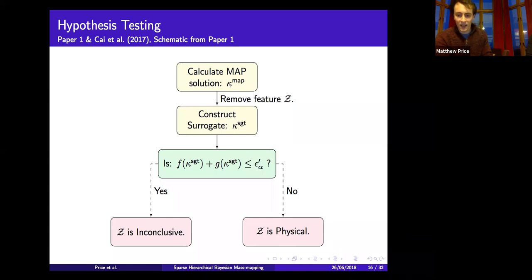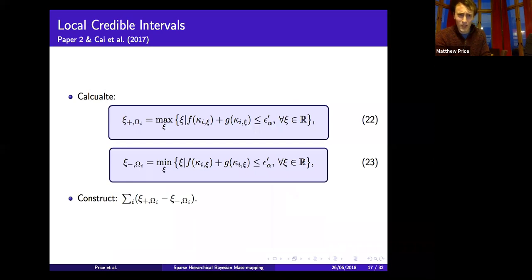A second form of uncertainty quantification is local credible regions, or local credible intervals, rather. The idea here is that you recover your convergence map, and then you iteratively go through every single pixel, so every single dimension inside of your reconstructed posterior, and you iteratively raise the intensity within that pixel until the overall solution is no longer within the credible set.